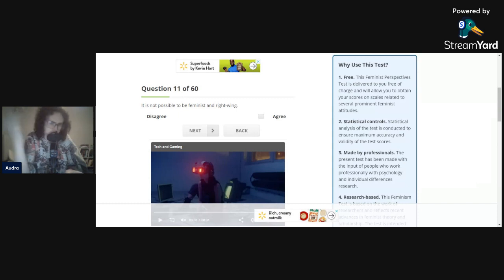So there are women who do try to reconcile these two things. I don't think they're ultimately reconcilable. But there will be people who have incorporated some aspects of feminism into their right-wing worldview.